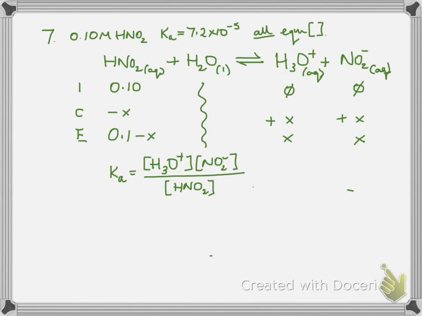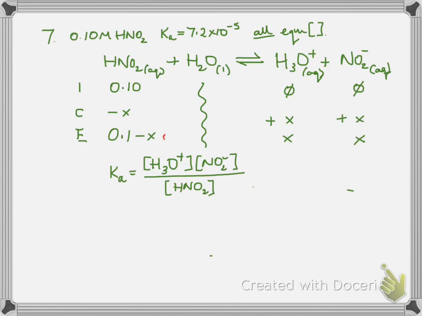Now remember, one of the things that we also try to do is make the math as easy as possible, and because the equilibrium constant is pretty small, 7.2 times 10 to the minus 5, we're going to go with the approximation that x is so small that it will have a negligible effect.